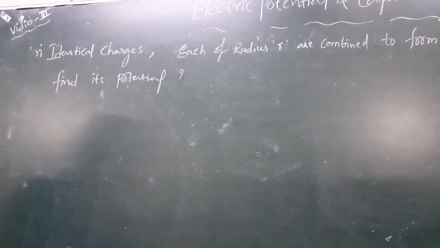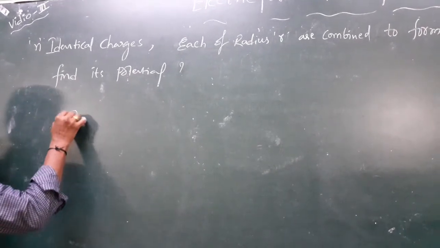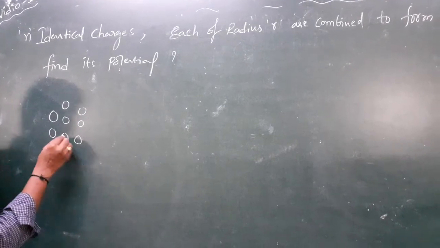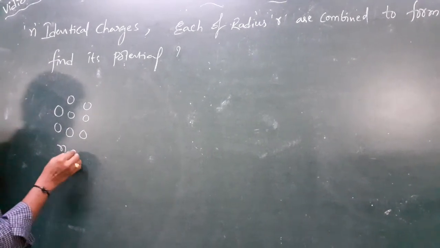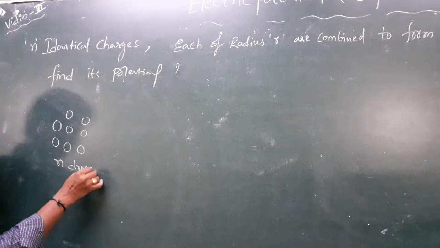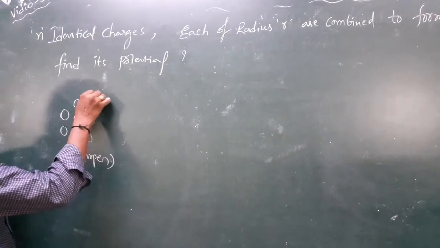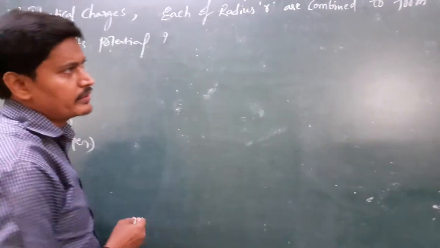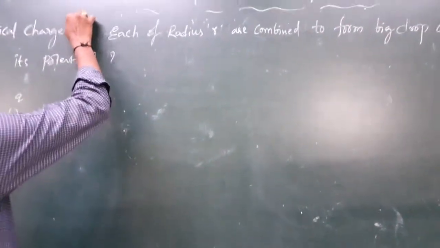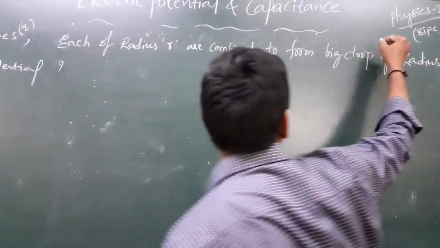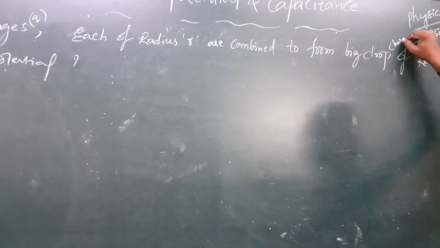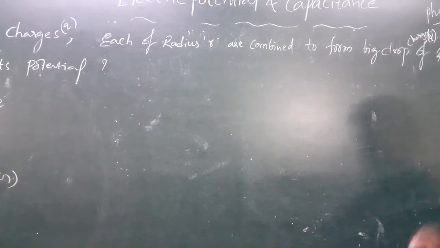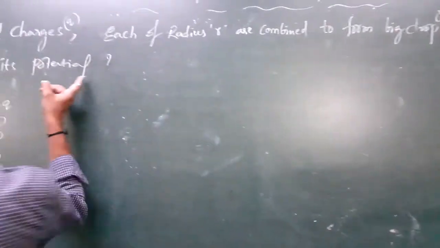So this is in identical drops. The charge of each drop is q, and they are combined to form a big drop. The big drop has charge capital Q and radius capital R. Then find its potential.